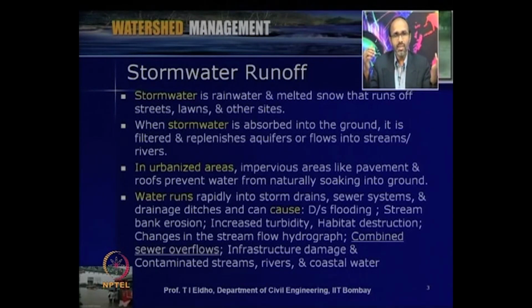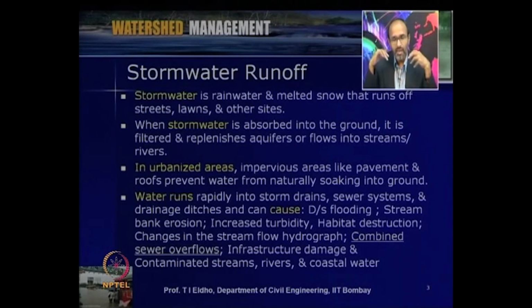This impervious surface stops the water from percolating down to the ground, so the water moves fast. This water runs rapidly into storm drains or sewer systems and drainage ditches, and it can cause a lot of problems, as we discussed. Some of the important problems can be, like, downstream flooding.